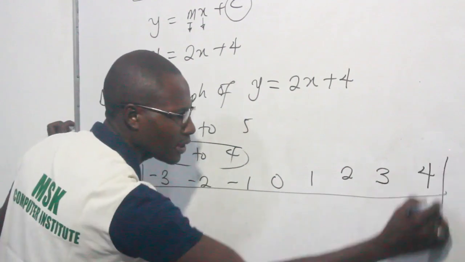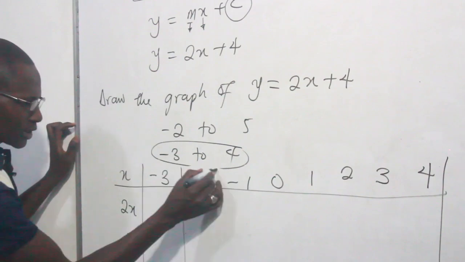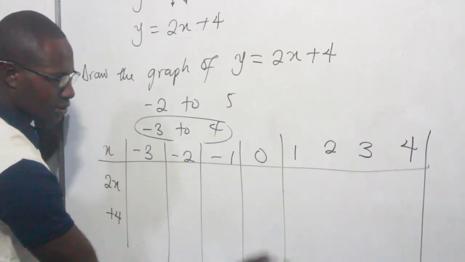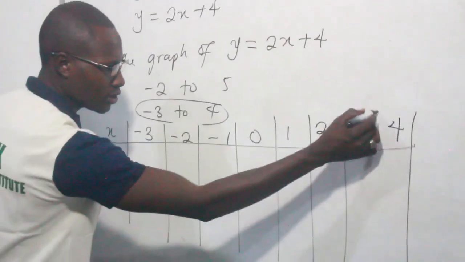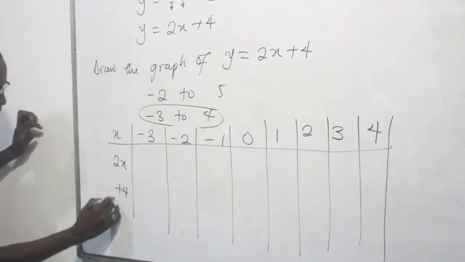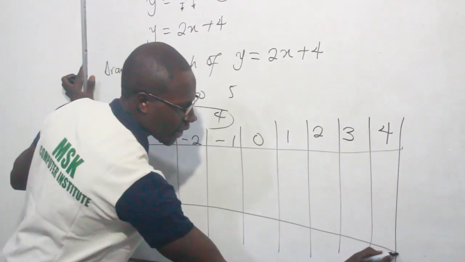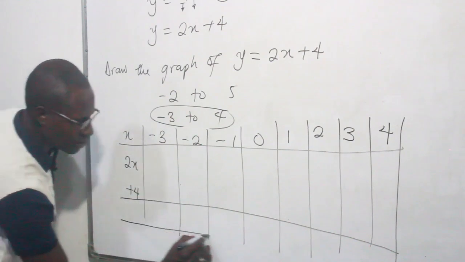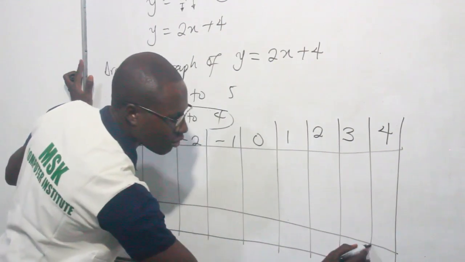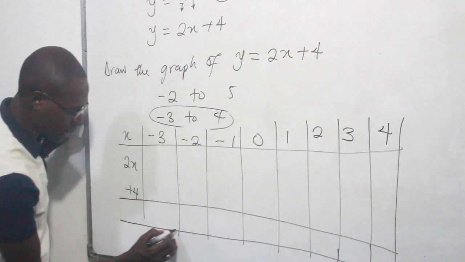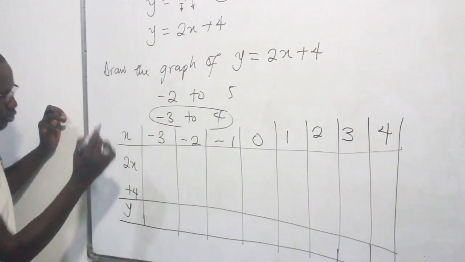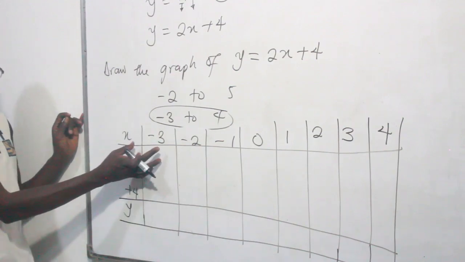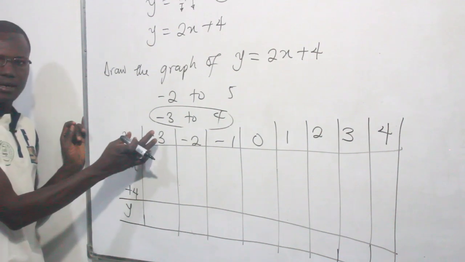Let me draw the table and separate all the x values. And now here will be the new value of y when x changes. So this is y, the same way as with quadratic graphs.